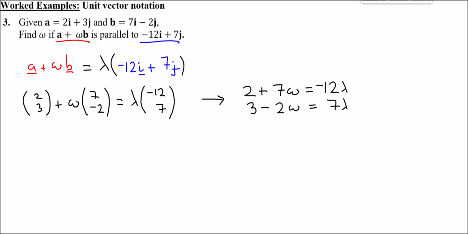So what's the lowest common multiple of 7 and 12? Well, with a bit of working out or using a calculator, that's going to be 84. So what we could do is multiply the entirety of the top equation by 7 and multiply all of the bottom equation by 12.